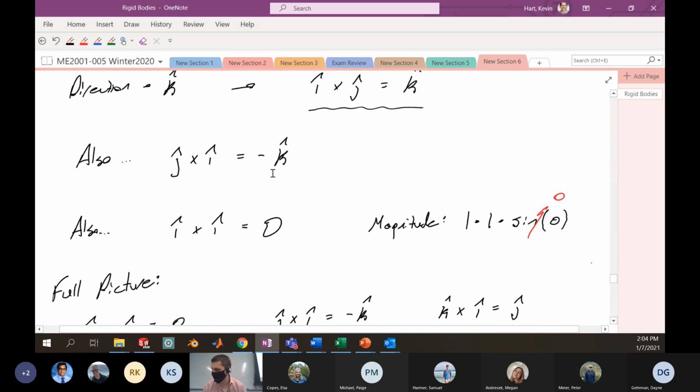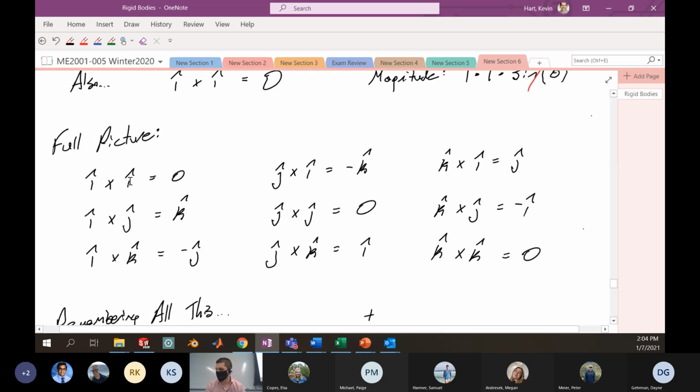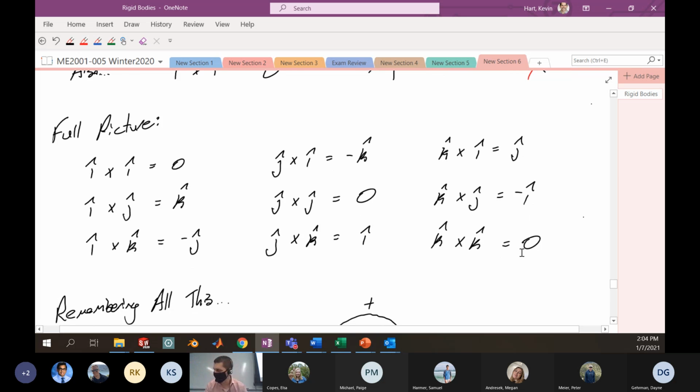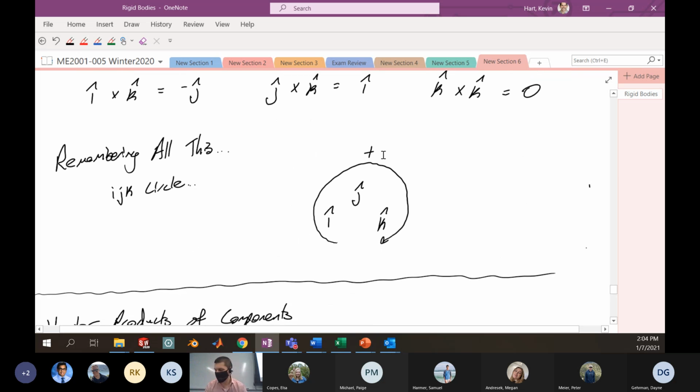Long story short, we came up with the full gamut of all possibilities for cross products between your typical unit vectors, i cross j, i cross k, and so on, and came up with the cross product circle, a diagram where if you follow it in the clockwise way, you get a positive value.